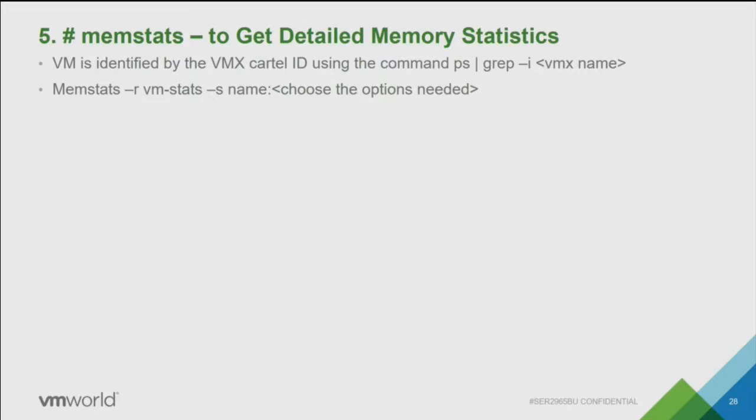Now, we're going to talk about memstats, and -r is for reporting, and then we will talk about vmstats itself. So let's assume that my VM is ballooning and swapping and things like that. So how do I even investigate that using memstats?